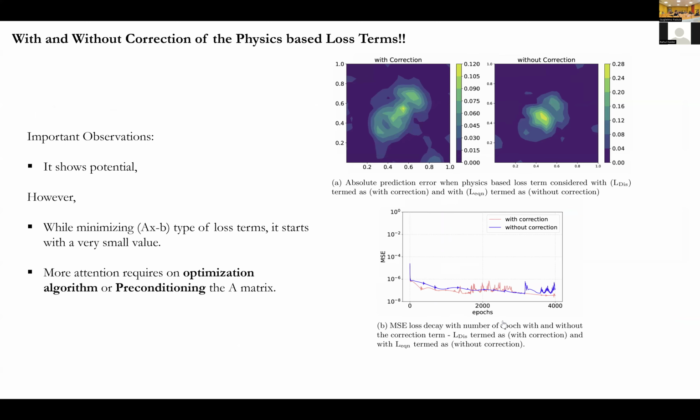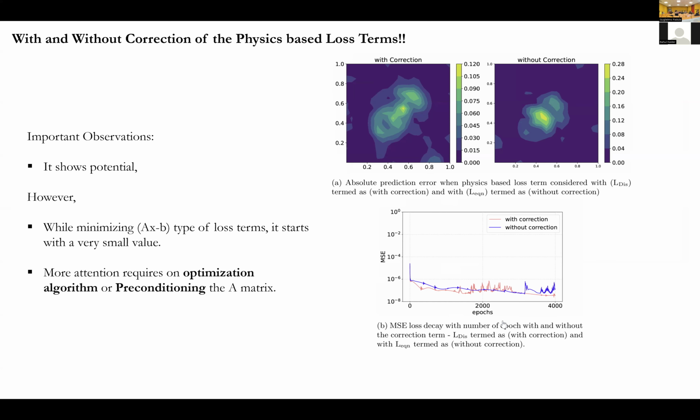Now these are the absolute error results that I have got. If you add the physics-based corrections that I have described, you get a little less error, and if you just minimize Ax minus b, you get somewhat higher error. Here I don't need any corrections at all.